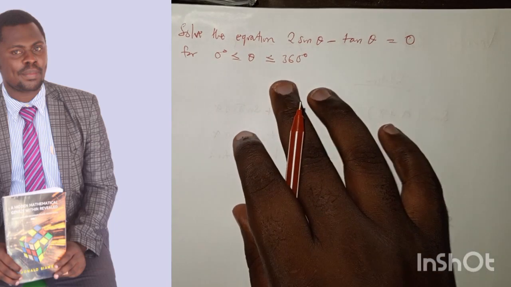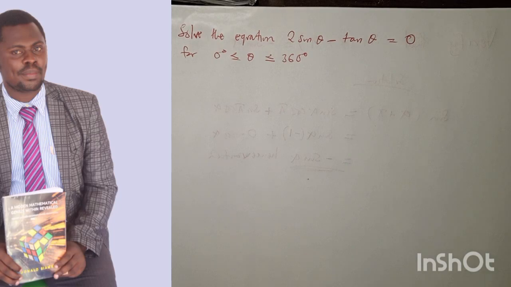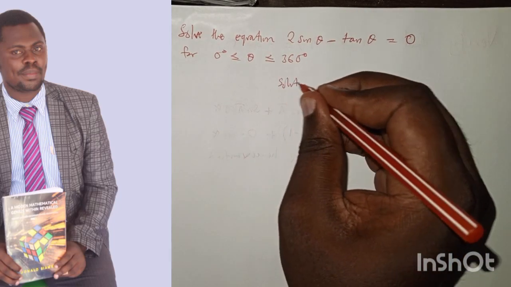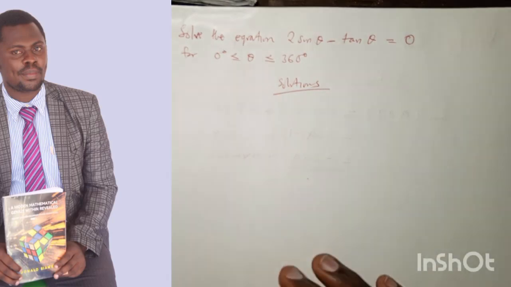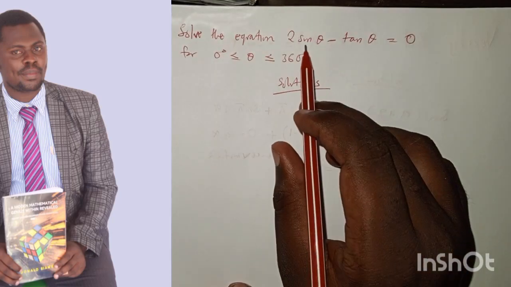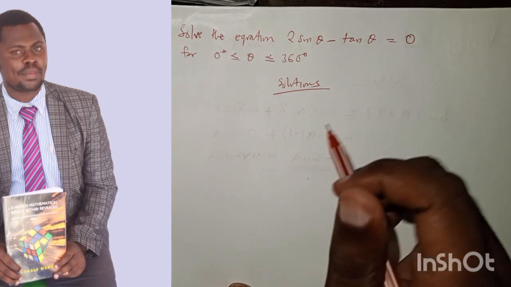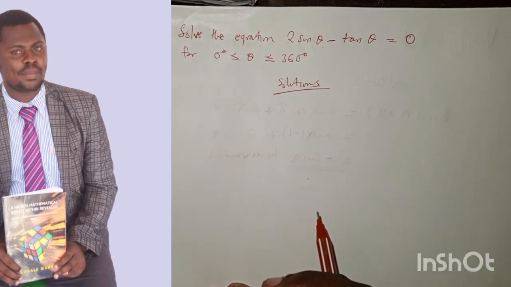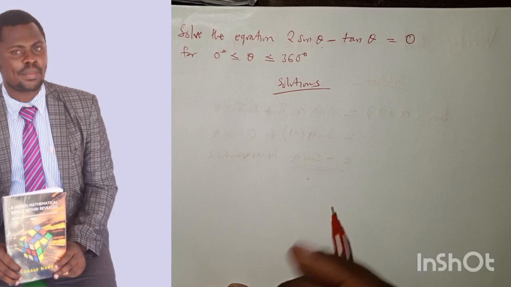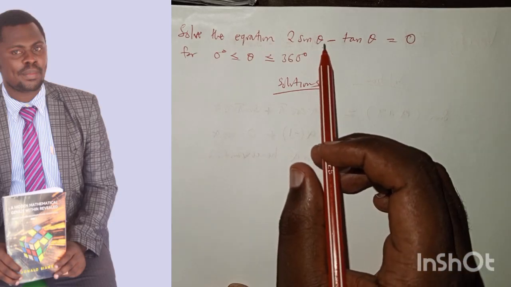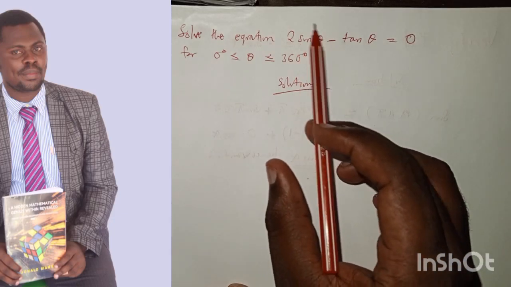Okay, so how do you solve this question? Solutions. We have 2 sine theta minus tan theta is equal to 0. We can only manage to answer this question if we have the same variable, in this case the same trig ratio.